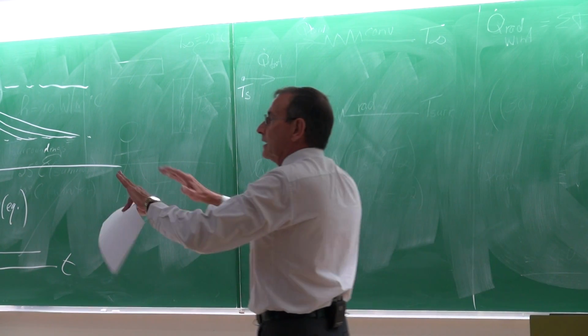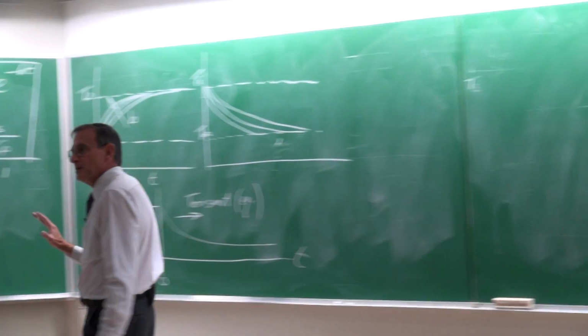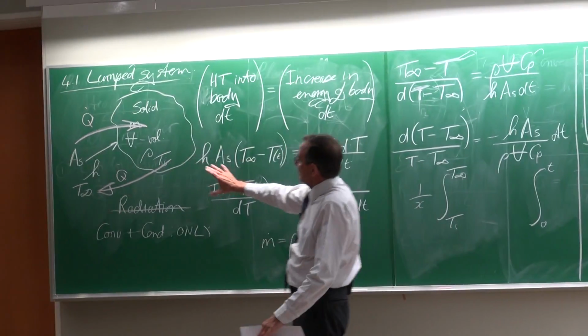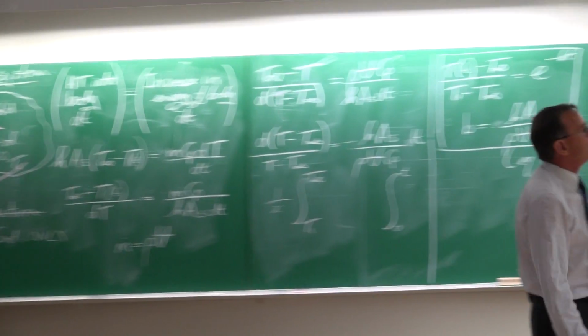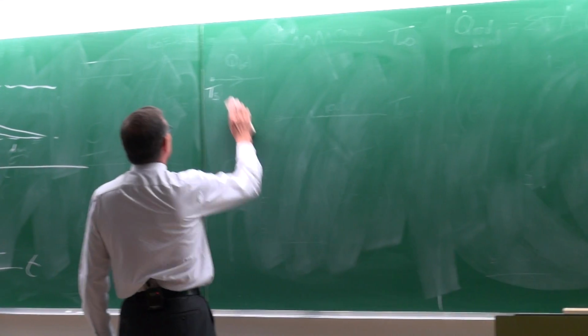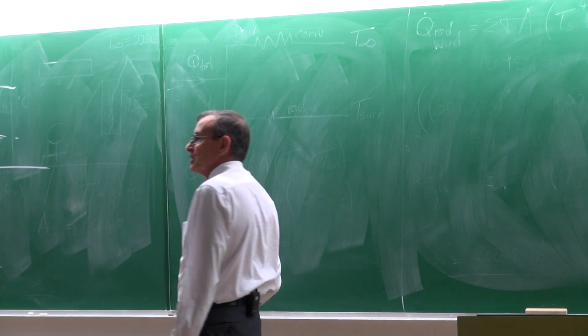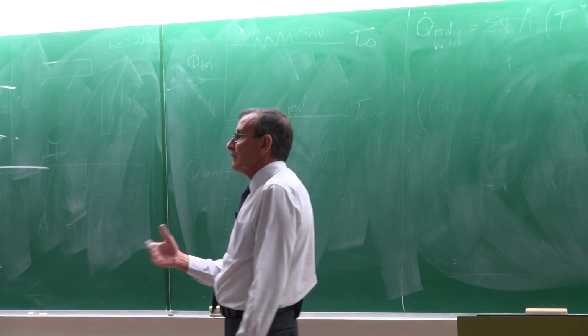Okay. Now, except for the fact that we've looked at this body in terms of the environment, let's just go back to the beginning of the lecture where I did some revision.